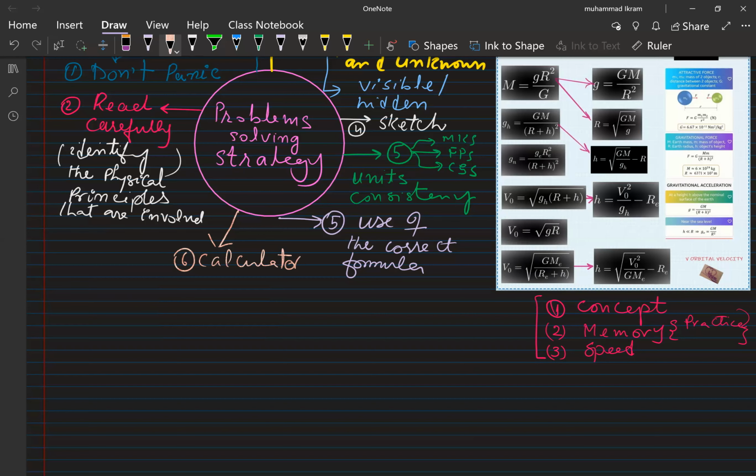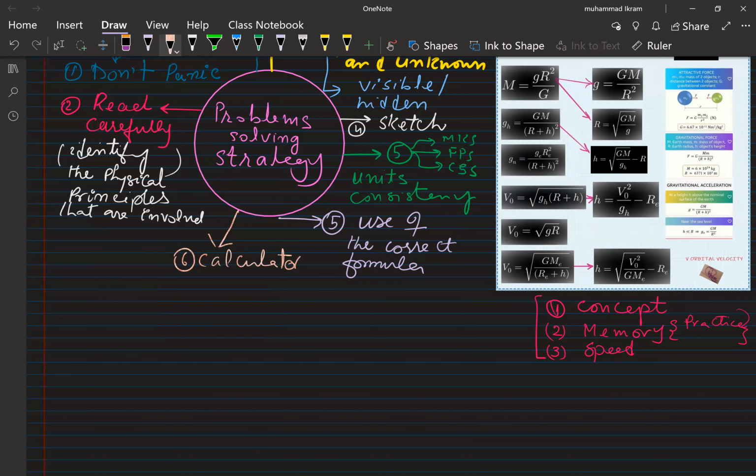First of all, usually when I say to the students to do it with your calculator, they use their smartphone, which is not the best option. Even if you are at home and you are solving, please use a calculator. This will inculcate the habit of using the calculator, particularly in the exam, because mostly the smartphone calculators are not that convenient and easy to handle.